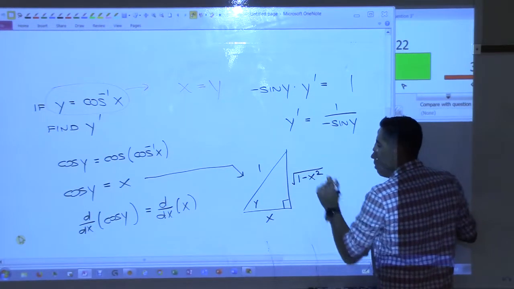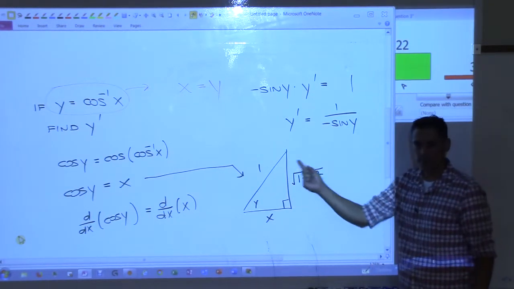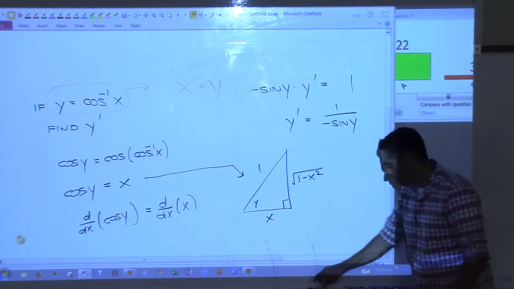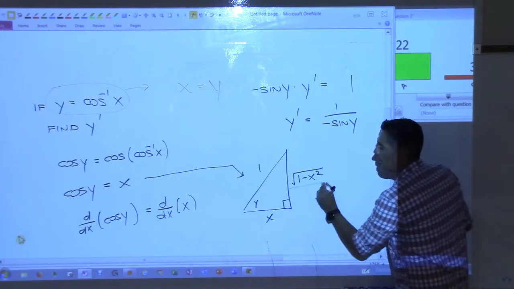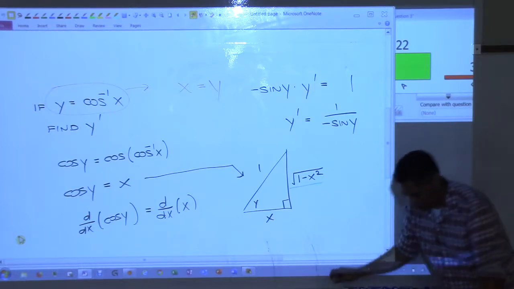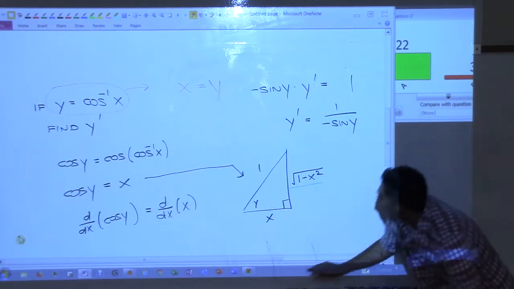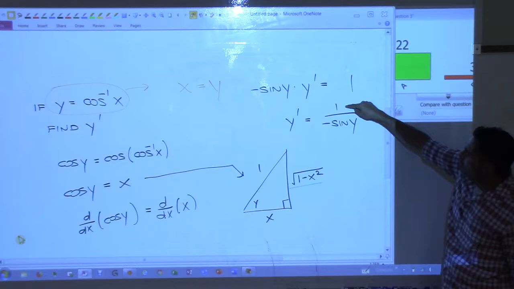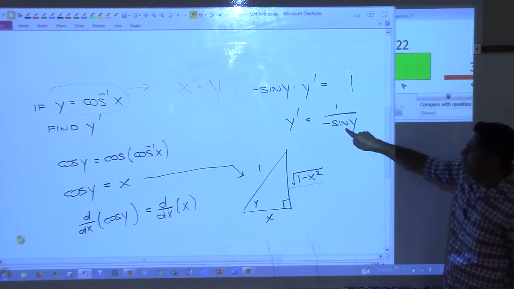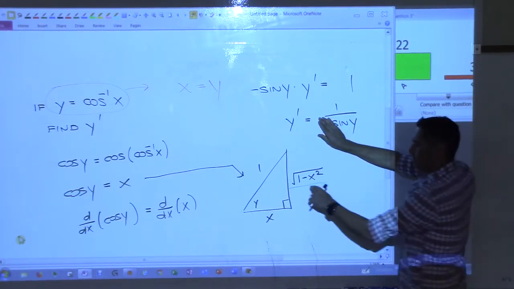I'm not going to go through the work. And so we have this. So we had to solve for that side. The answer to this is 1 over negative sine of y. Sine of y by definition is this over this, right?